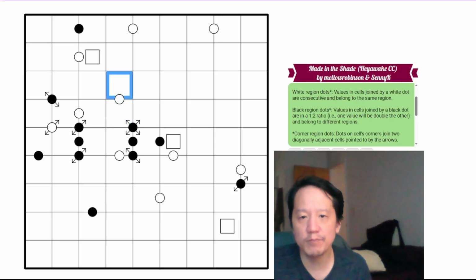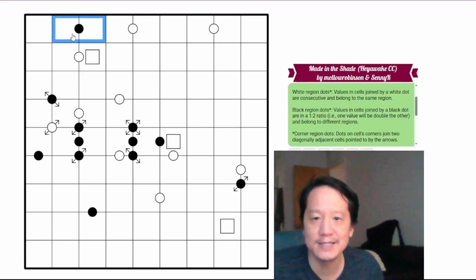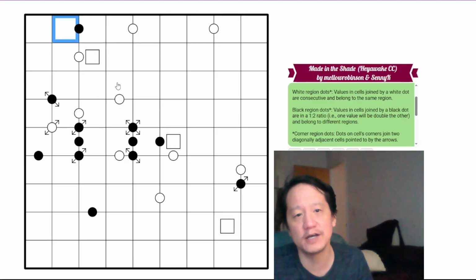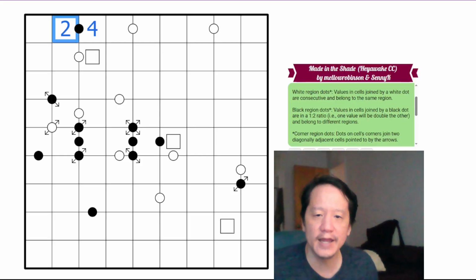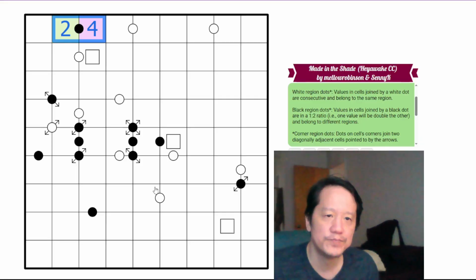We have black region dots, where values in cells joined by black dots are in a 1:2 ratio. That is, one value will be double the other, and they belong to different regions. So say we had a 2 here, this would have to be 1 or 4 to maintain the 1:2 ratio, and these would have to be different regions here.